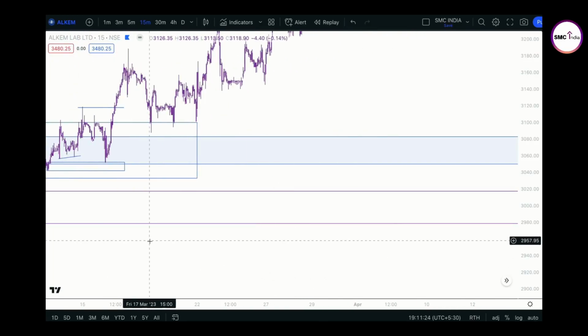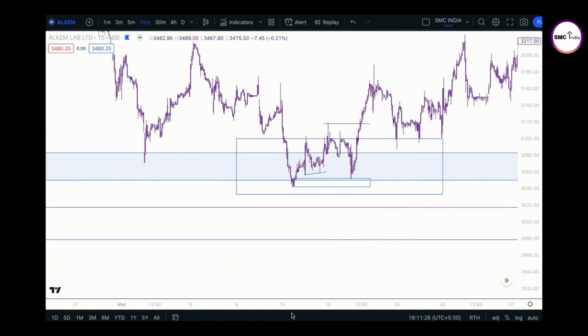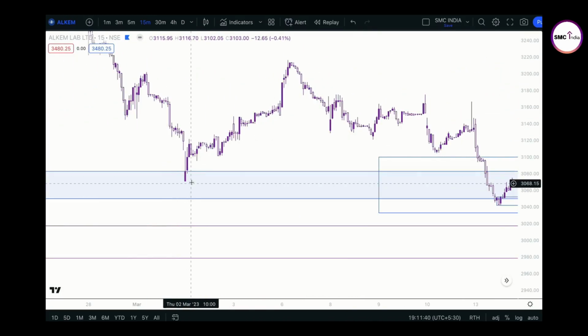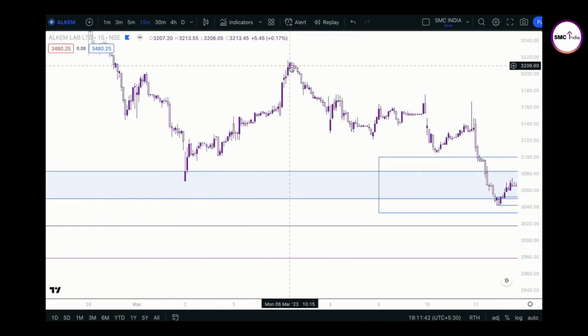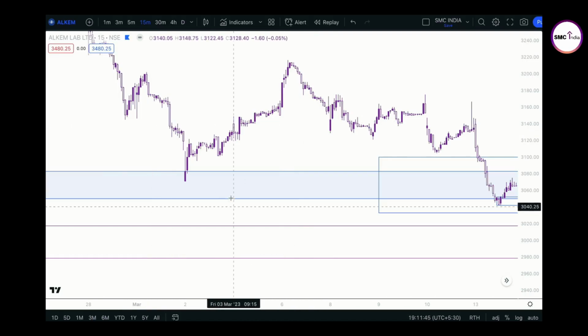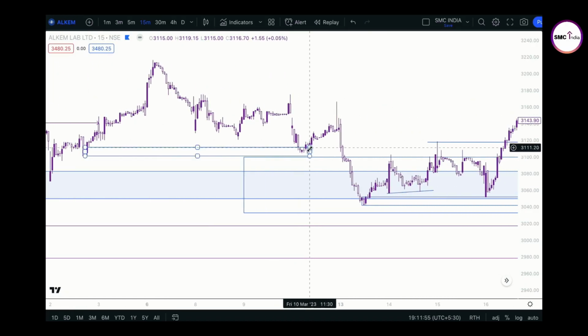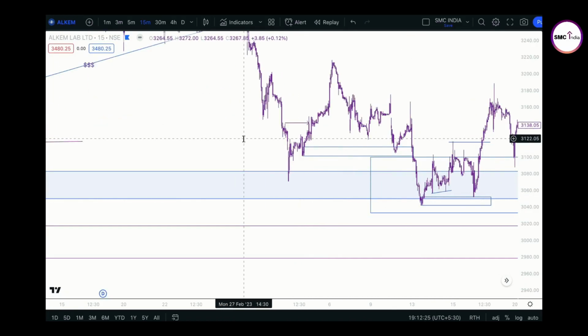And here also you could see another entry coming in, but this trade did not play well. The price tapped into this zone, made a move up, breaking this minor high here. There is this order block. What the price did is that it shot up, hitting our stop loss.